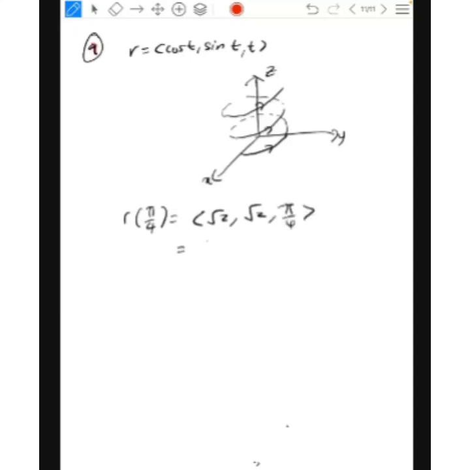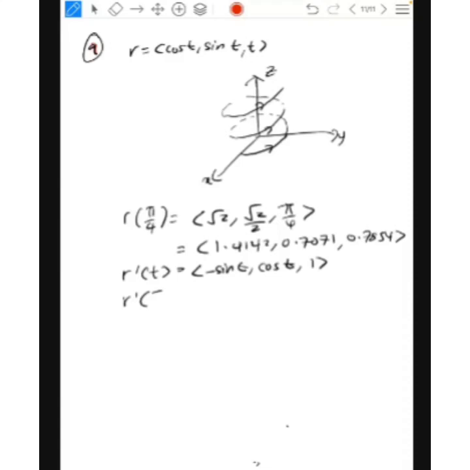Or basically you have 1.41, projecting onto the plane, which is 0.7071, 0.7071, and 0.78. Okay, and then R prime t first: negative sin t, cos t, and 1.